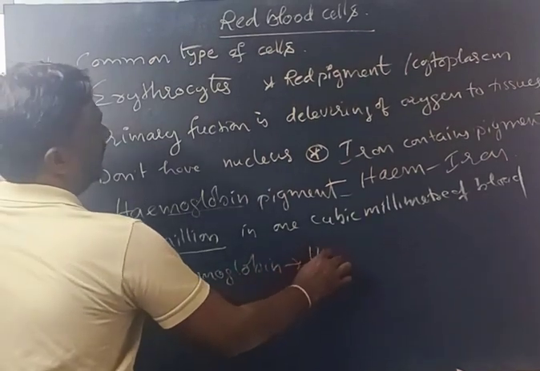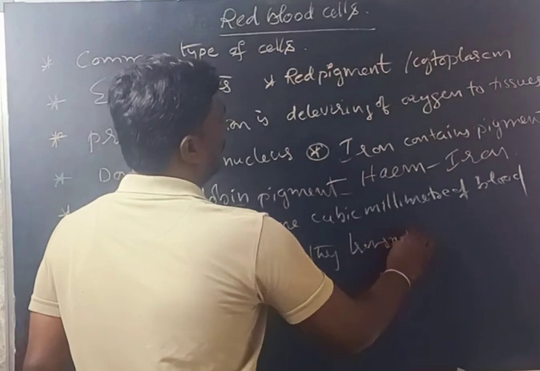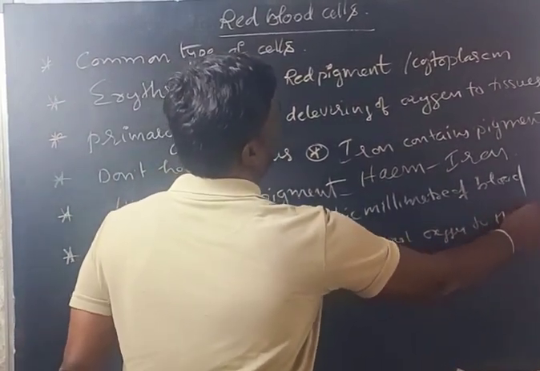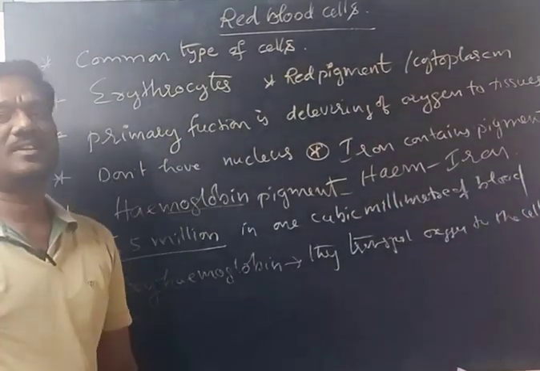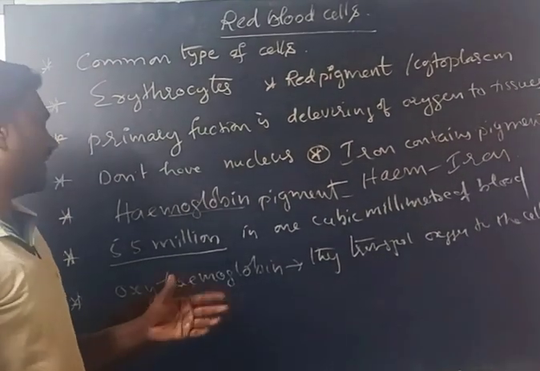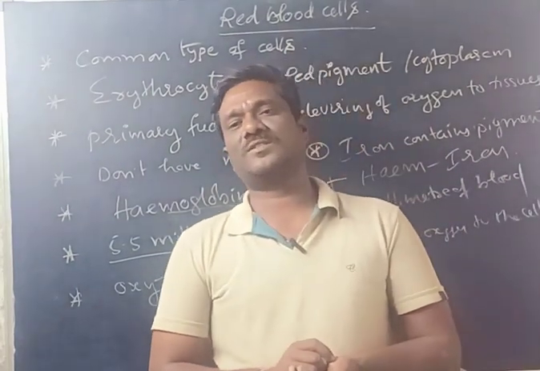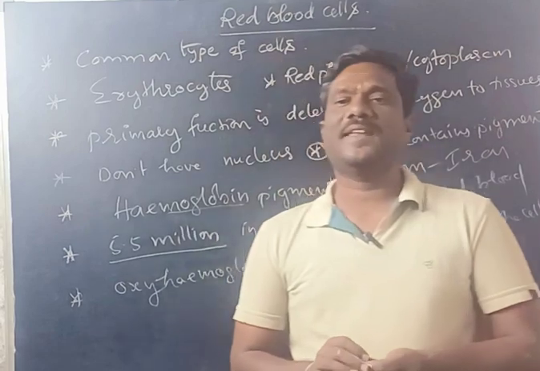They transport oxygen to the cells. Whenever they reach the cells, they dispatch the oxygen and hemoglobin. The iron has the capacity to hold the oxygen. That's why they contain iron pigment.